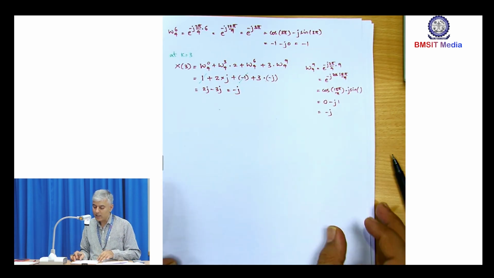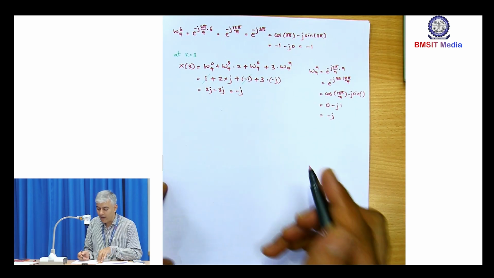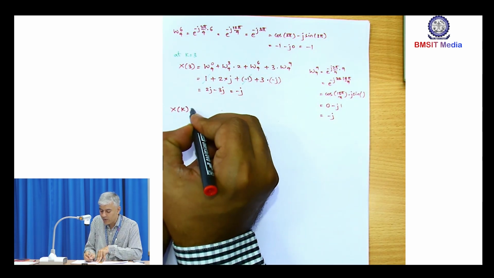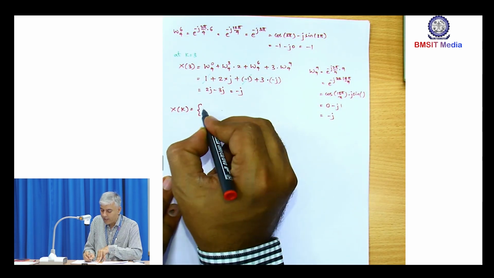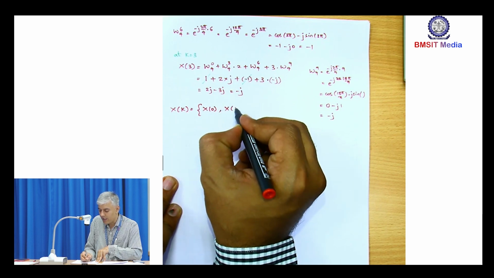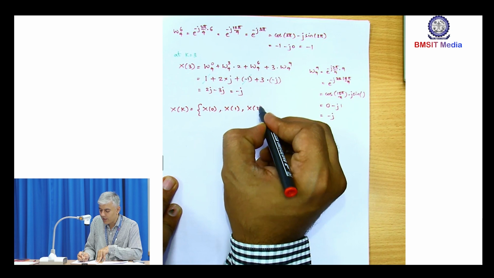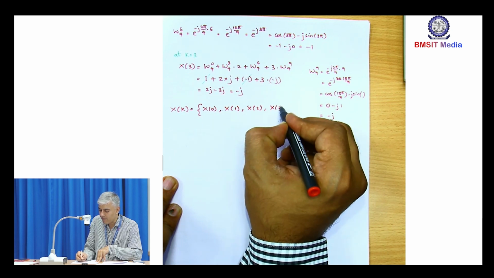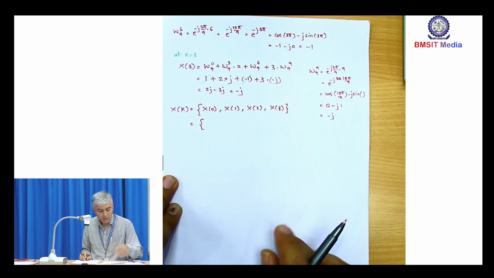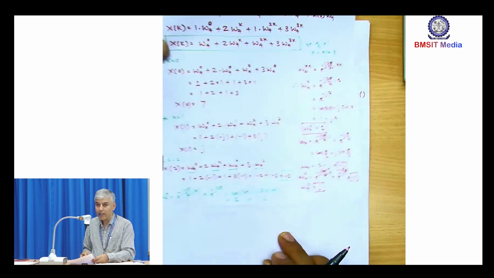Let us summarize all the values that we have got. That is, x of k equal to, we will write x of 0 here, x of 1 here, x of 2 here, and x of 3 here. So what is x of 0? Let's go back and see the expression.